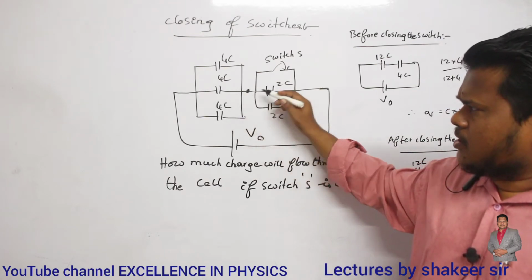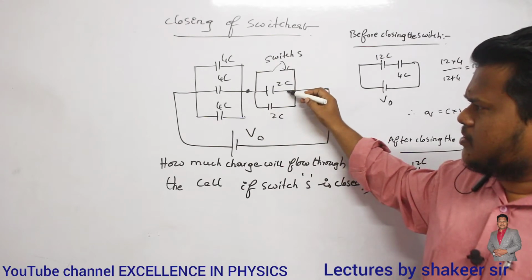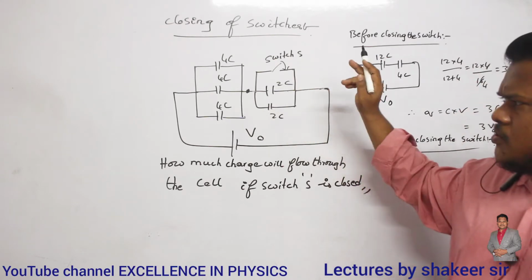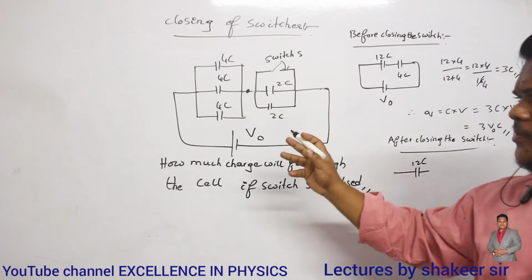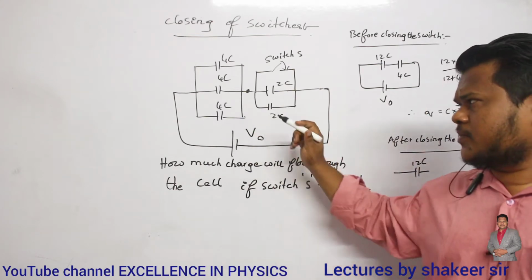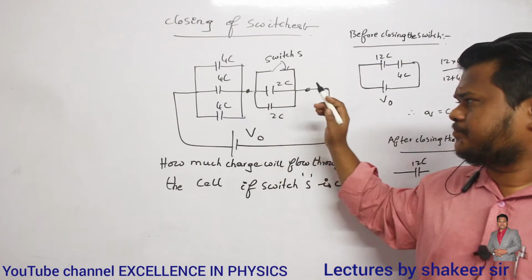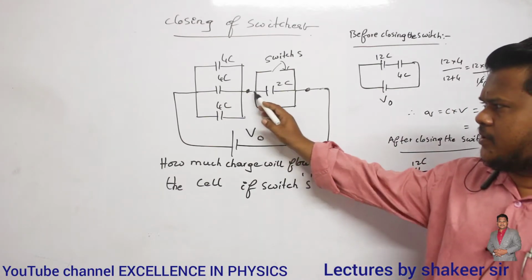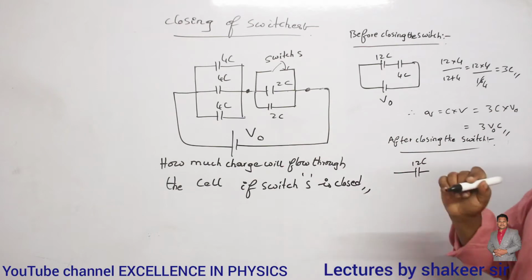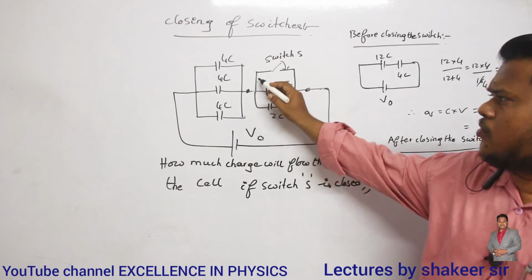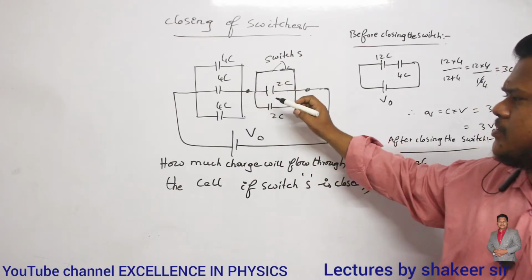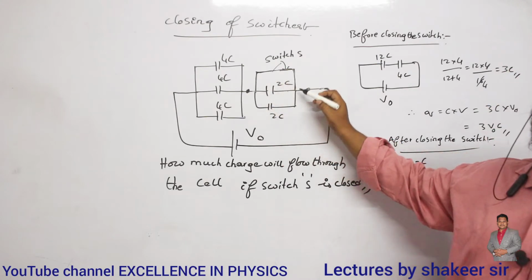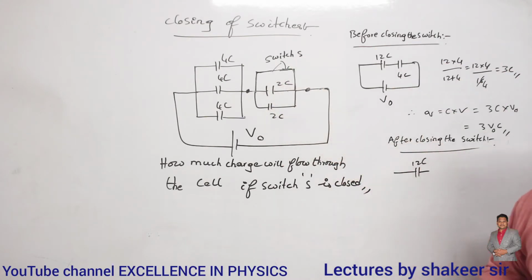Then this total charge sees 3 branches, the first branch, second branch and third branch. Will the charge enter equally into the 3 branches, or how will the charge flow from here to here? No. Charge will enter only into the top branch, where there is no capacitor. Why?